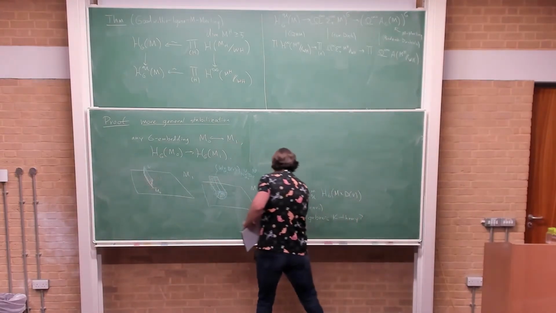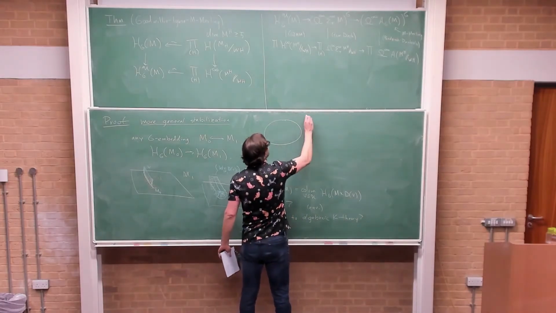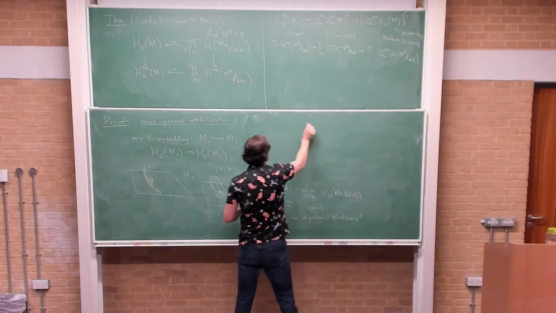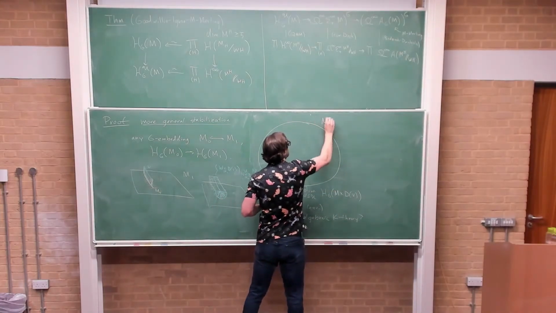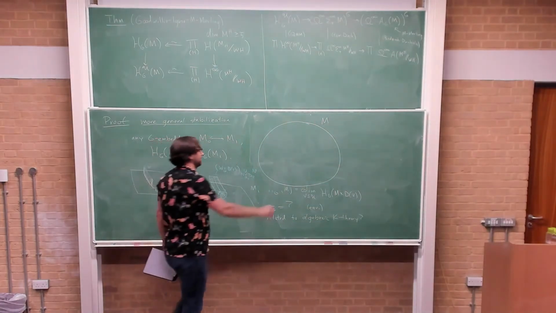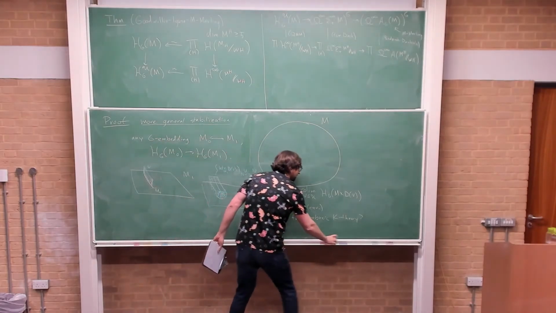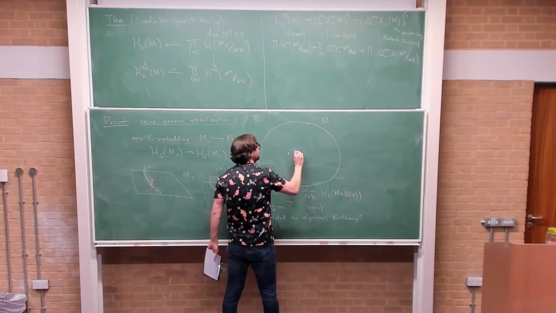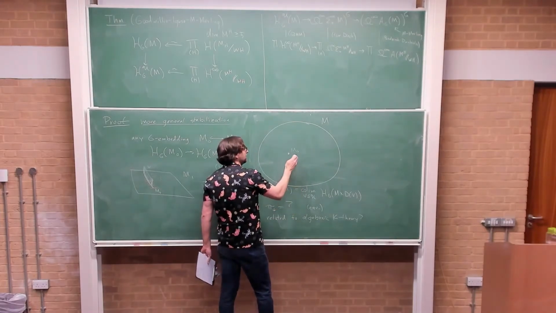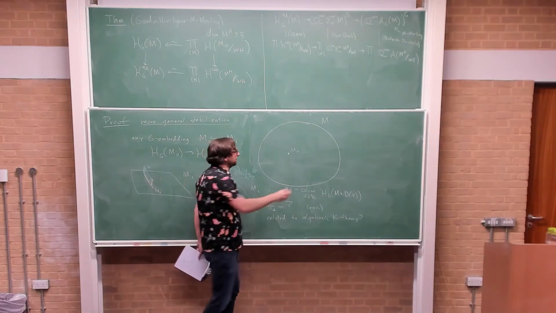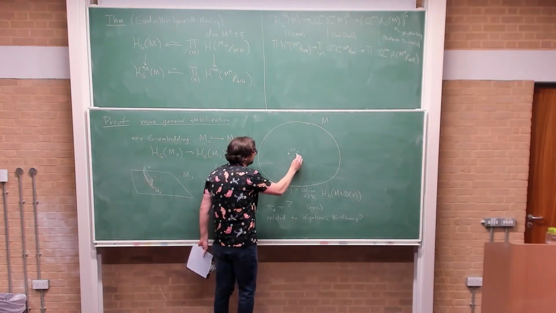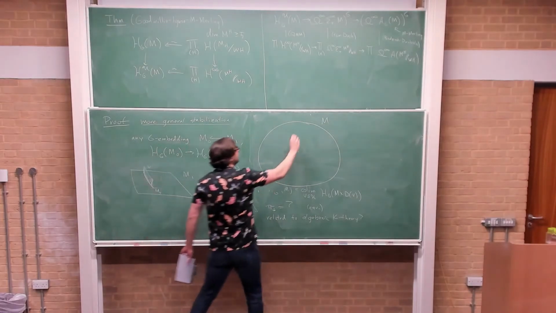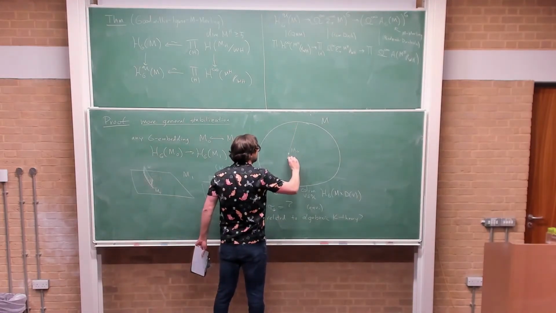So now, take your manifold M. Actually, let me make it bigger. That's better. Okay, so now take your manifold M, and now take the fixed point submanifolds one at a time. So say I'm going to take Mg. Starting with the smallest ones and going up, remove tubular neighborhoods about them, and then intersect the result with the next level of fixed points.